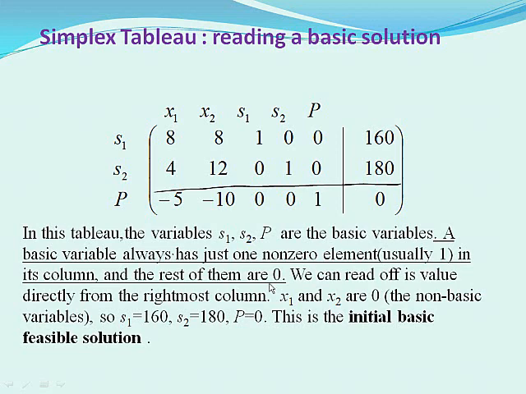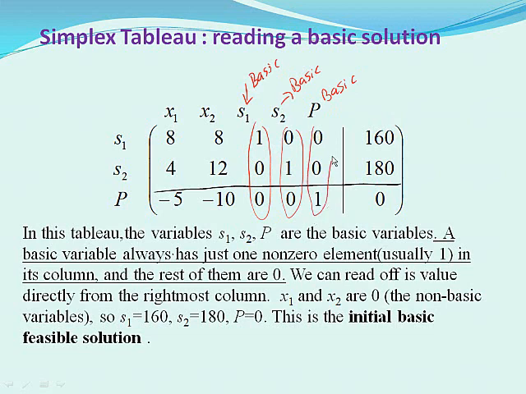If you look at this tableau here, the variable s1 has a column with only one non-zero entry. So s1 is a basic variable. And so is s2. It has only one non-zero entry here. So s2 is also basic. And the variable p is also basic. These are the 3 columns with only one non-zero entry.